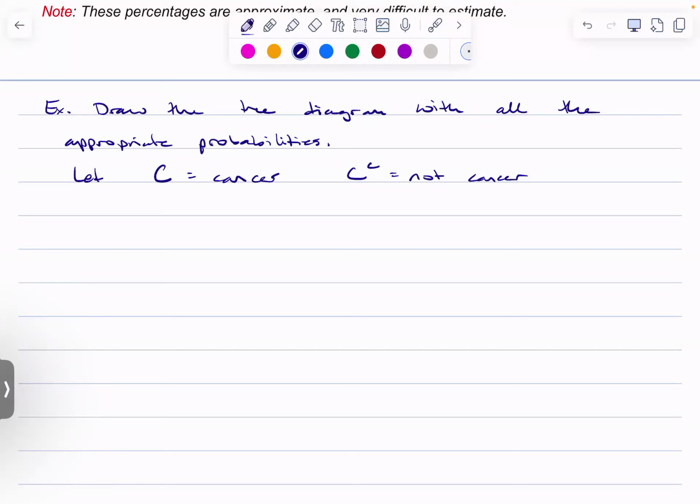I'm just going to use a plus for positive. You can use P or something, but this is going to be a positive test. And then you can use a negative, or the complement of a positive, to denote a negative test result.